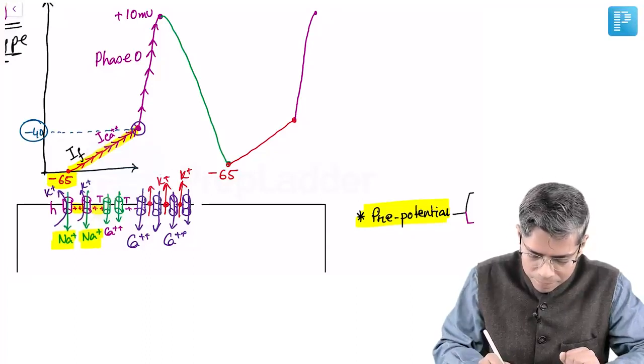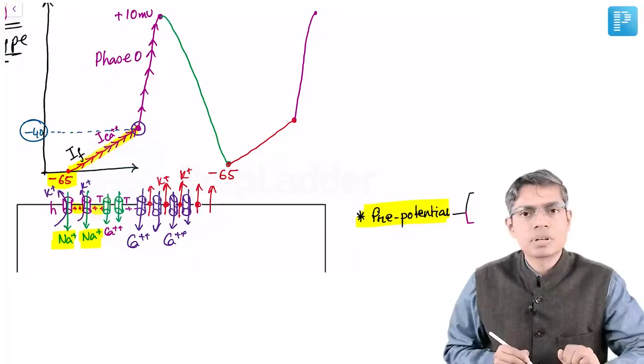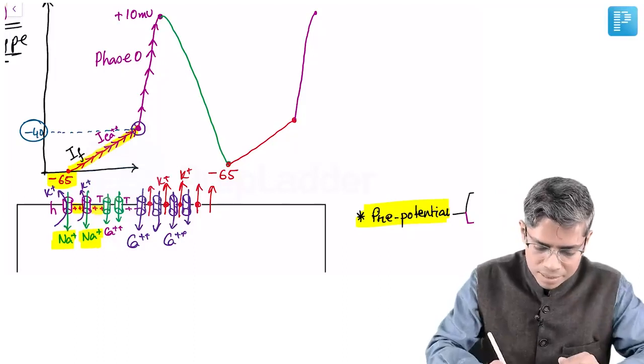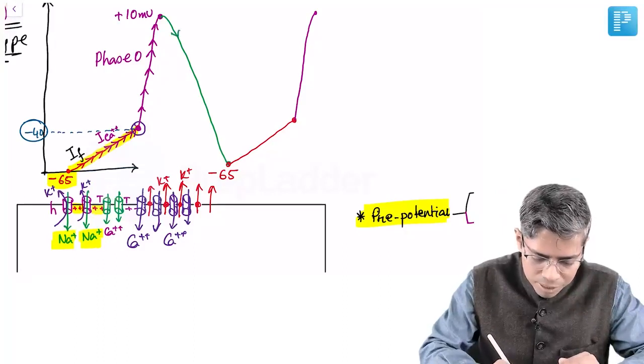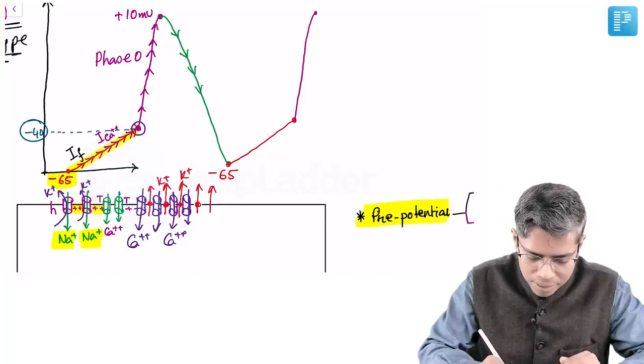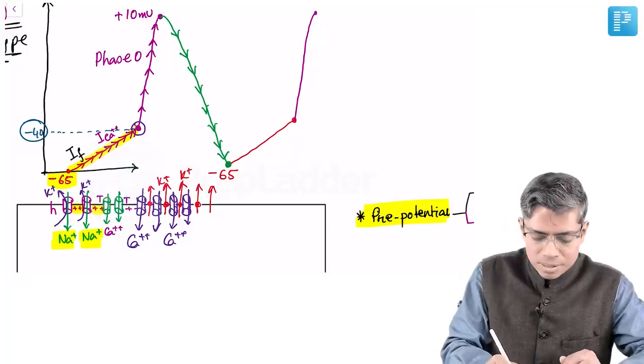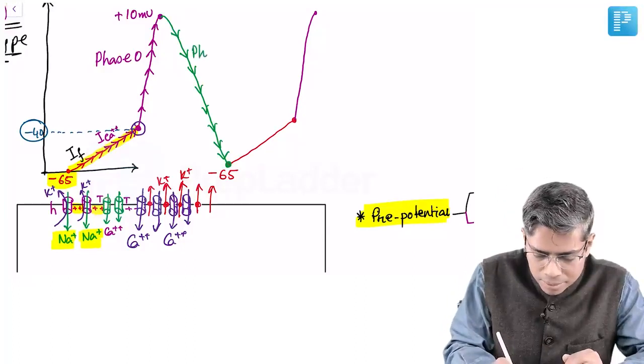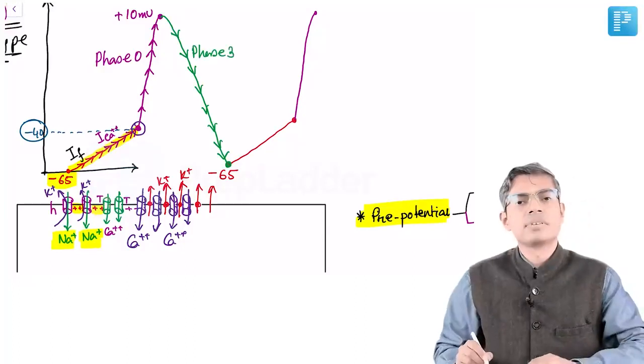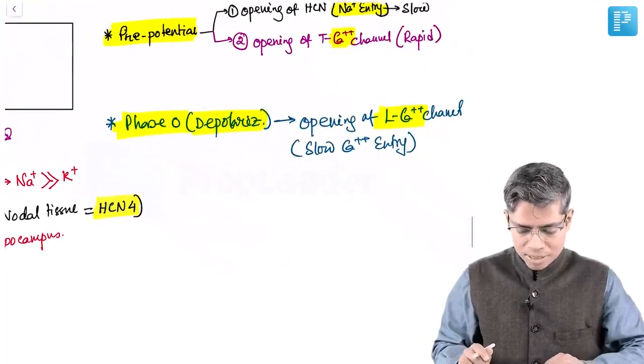More and more potassium is going out of this cell. So what will happen? The membrane voltage will return back towards the original voltage, that is minus 65 millivolt. This part is known as phase number 3. Phase number 3 is the repolarization part.